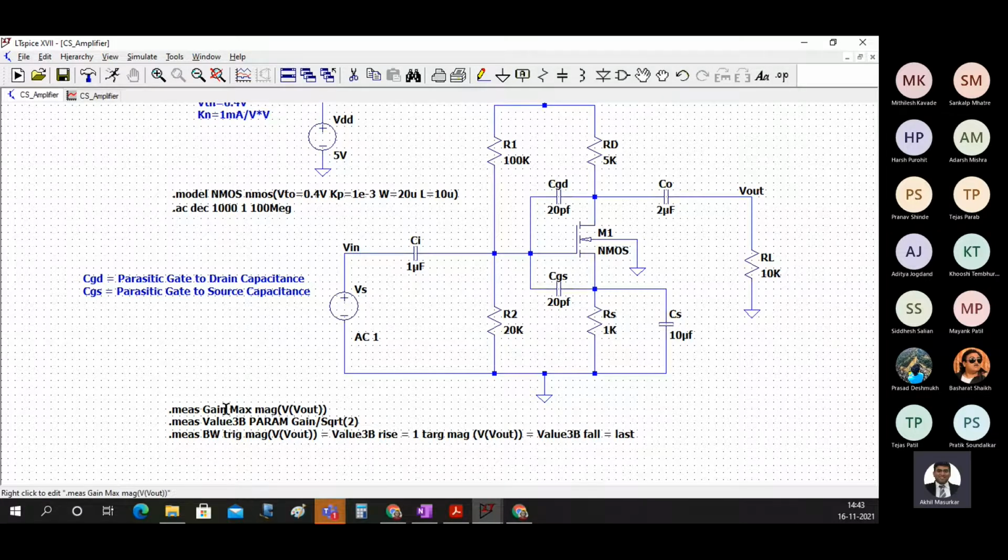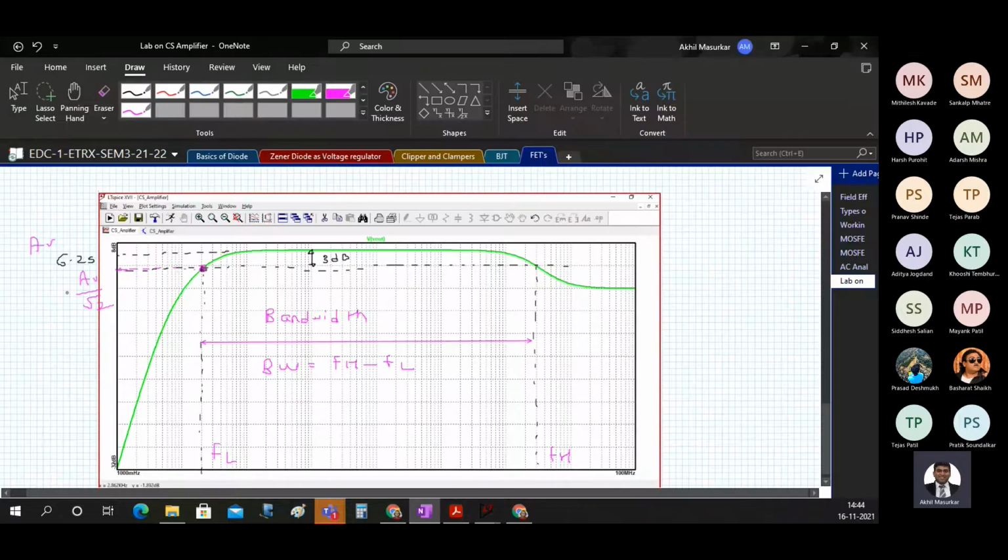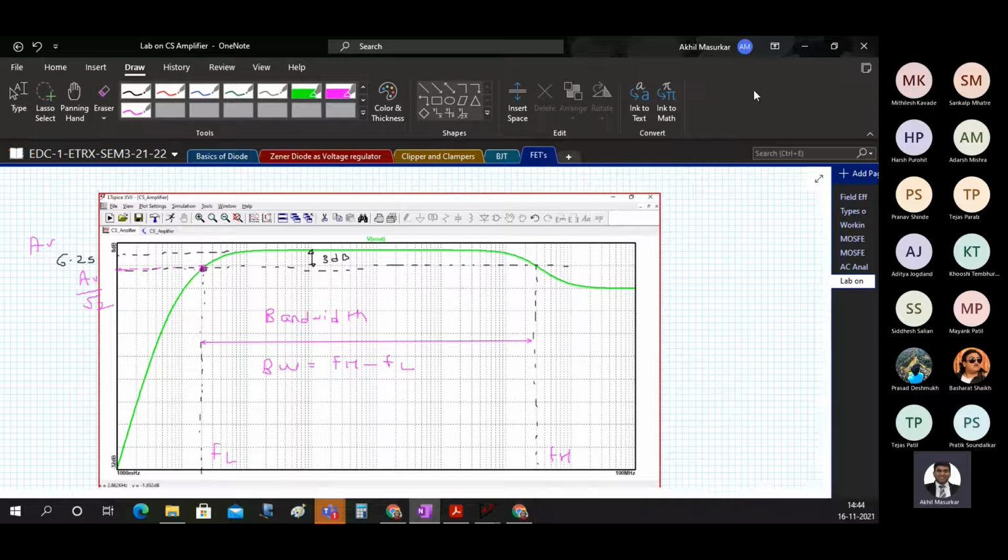I am saying here, use the parameter gain and divide it by square root of 2 and store it in the variable value 3dB. So now I am storing not only the maximum gain, but also the gain at lower cutoff and higher cutoff frequencies.